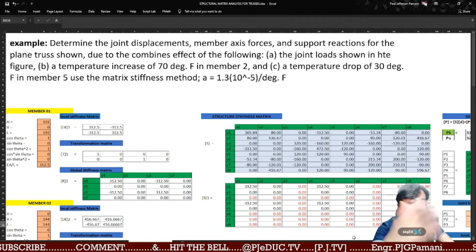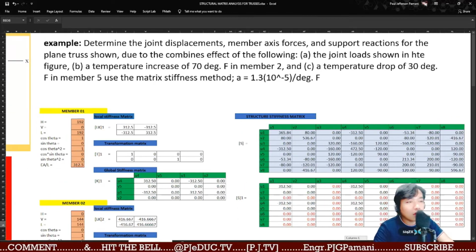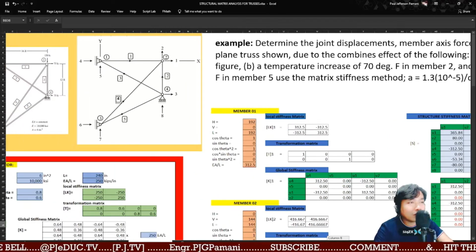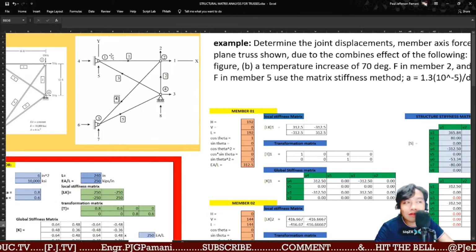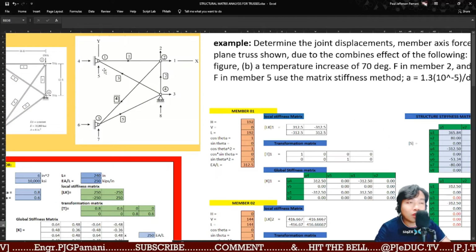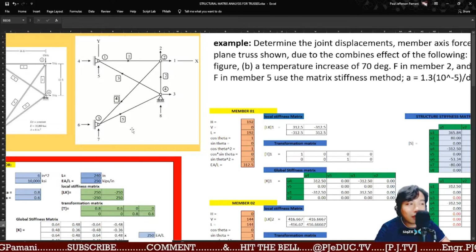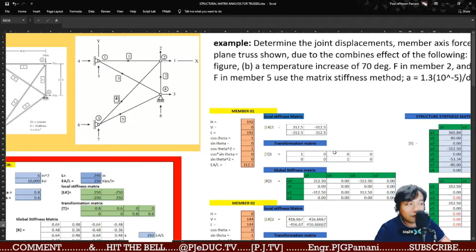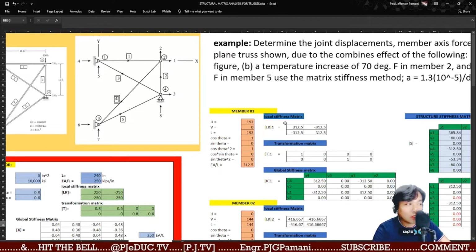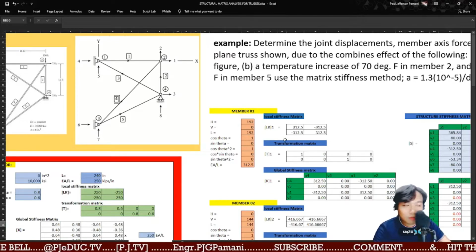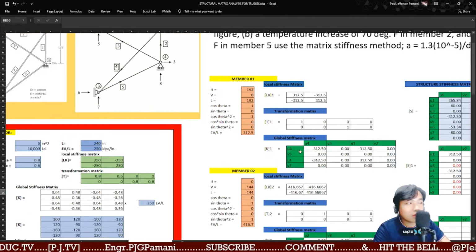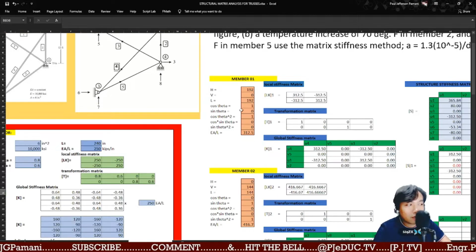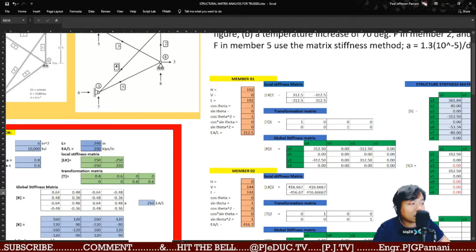So, same solution for all. From member 1 up until member 5, we just get first the local stiffness matrix according to the designated and specified near and far nodes. Your number of nodes, your number of elements and members. So, we already know that. Identify the local stiffness matrix of each member, the transformation matrix for each member, the global stiffness matrix, and the properties of each member, such as shown.